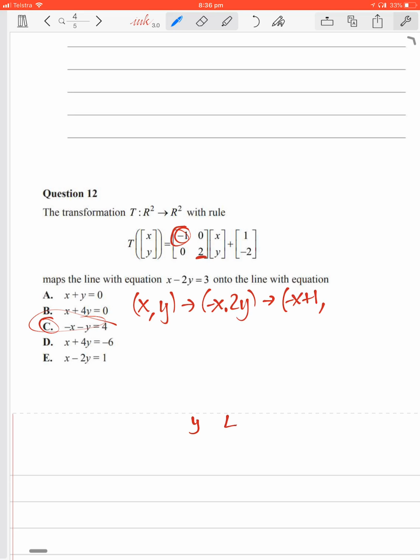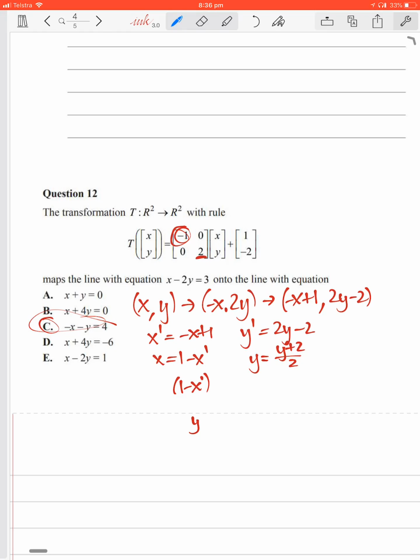And I want to move all of my y values down 2, so 2y minus 2. So we get x dash is equal to negative x plus 1, y dash is equal to 2y minus 2, x is equal to 1 minus x dash, y is equal to y dash plus 2 on 2. Then when we sub them into the equation, x is 1 minus x dash minus 2 times y plus 2 on 2 equals 3. Looks familiar.